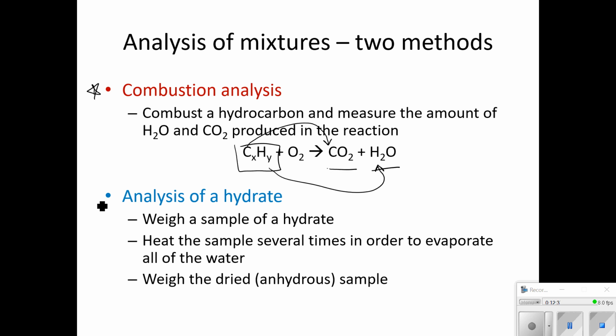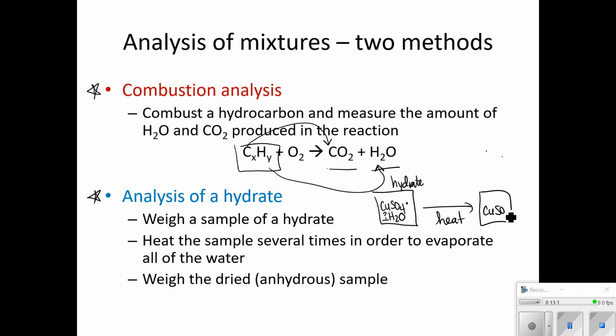One thing we actually did do in class, and this was back in September at the beginning of the year, is analysis of a hydrate. So in our class, what we did, if you remember, we had a crucible and we had a copper sulfate hydrate. And a hydrate means an ionic compound that contains a certain amount of waters. And we were trying to figure out how many waters were in our sample. So we started out with our wet sample, that was our hydrate, and then we heated it in order to drive off the water.